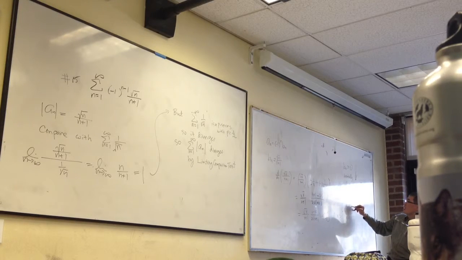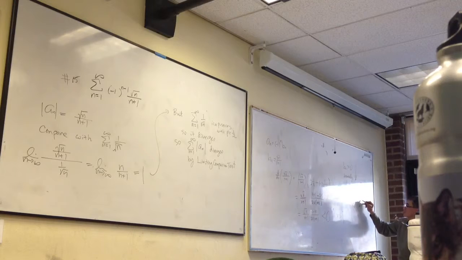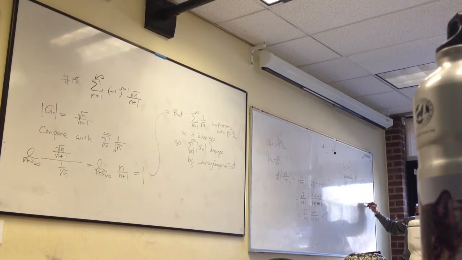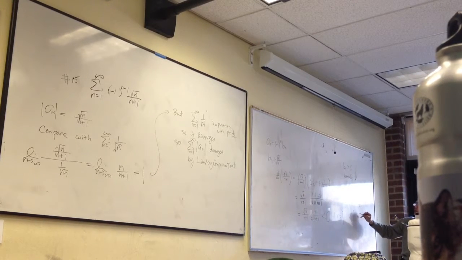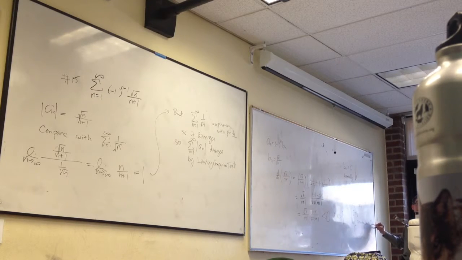So, the summation n from 1 to infinity of an is equal to the summation n from 1 to infinity of (-1)^n bn converges. By what test? Alternating series test.